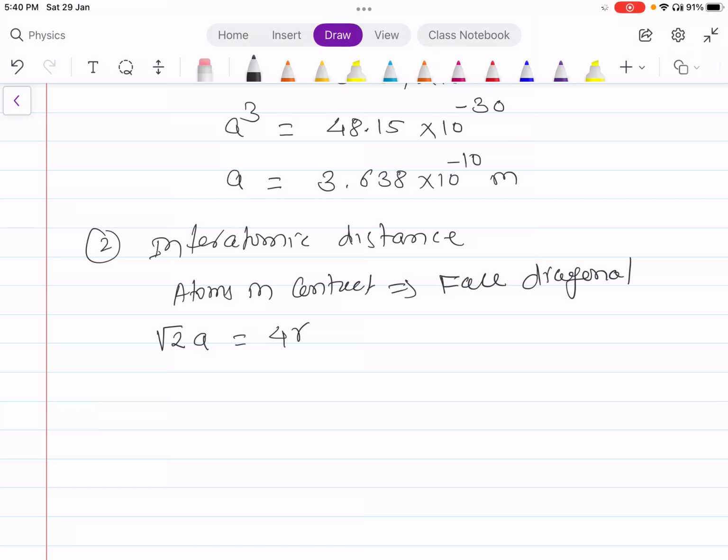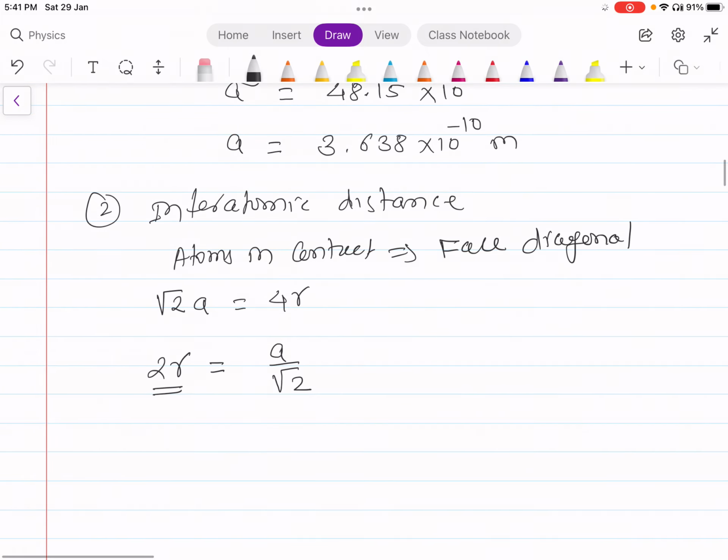So 2r is equal to a upon root 2. 2r is equal to d, which is the interatomic distance. This 2r is equal to d, because these two atoms are in contact with each other.